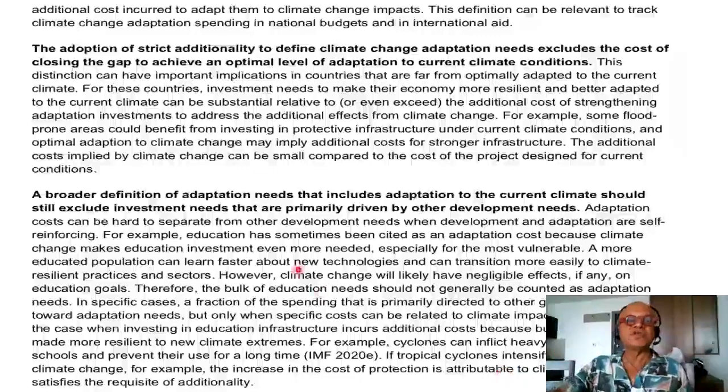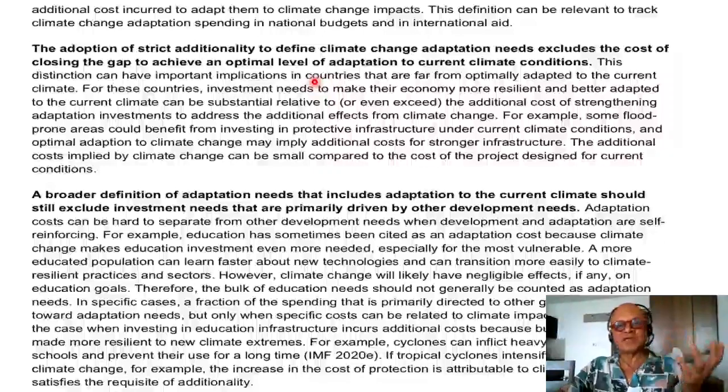The adoption of strict additionality to define climate change adaptation needs excludes the cost of closing the gap to achieve an optimal level of adaptation to current climate conditions. So what is additionality? Basically, some things are changing, let's say because of natural causes like increased population, increased deforestation, conversion to agricultural land, or urbanization.